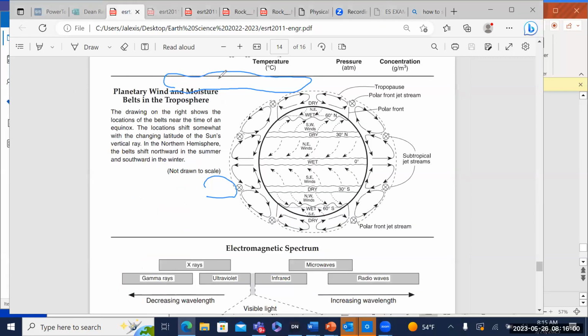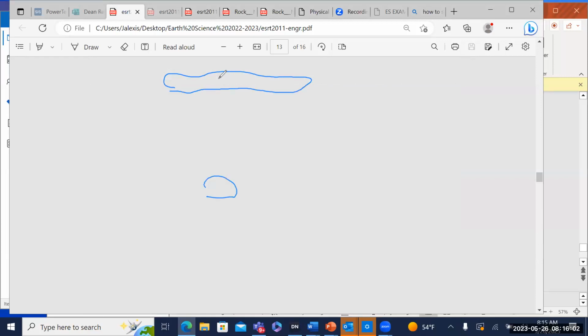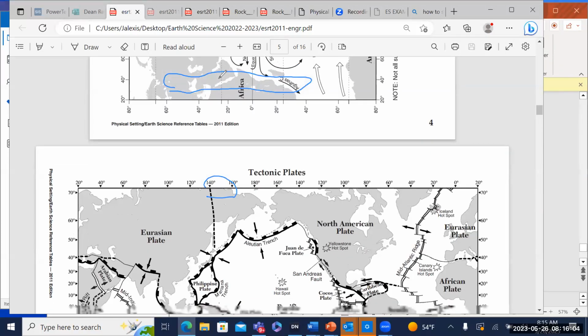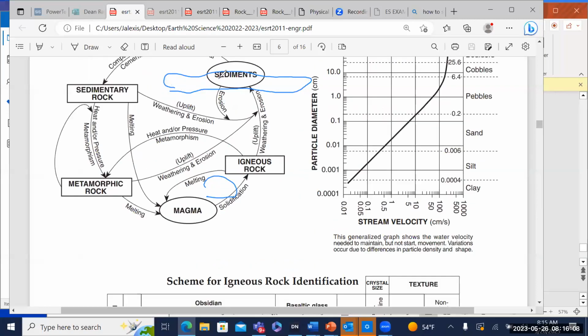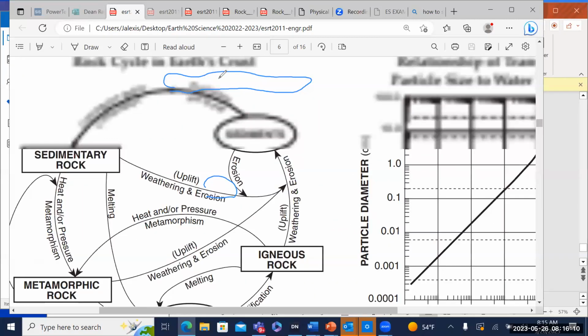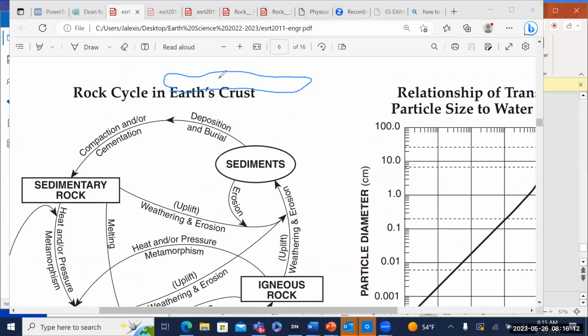And so when I go to page 6, and I open and take a look, I see that there's two processes that directly lead to sedimentary rock: deposition and burial, and compaction and cementation.